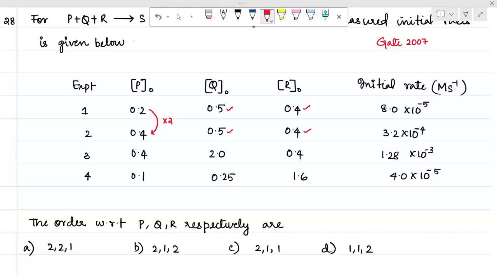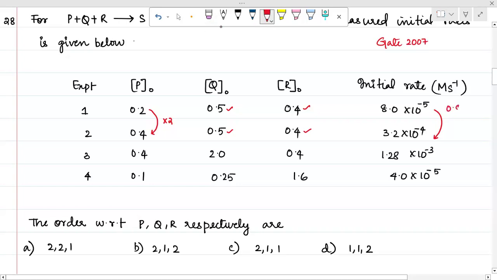Correct? My concentration of P is changing, Q is constant, R is constant. So when my P is doubling, my rate is becoming 8 into 10 to the power minus 5, which is the same as 0.8 into 10 to the power minus 4. Both are the same.